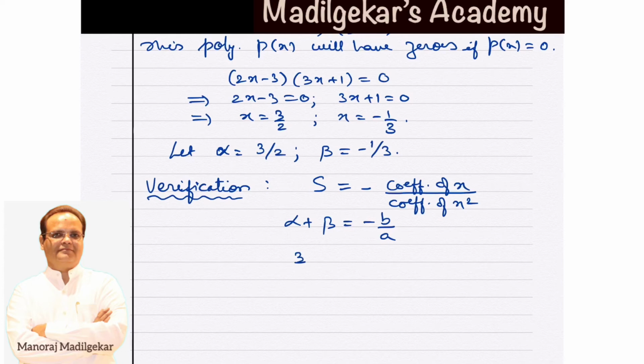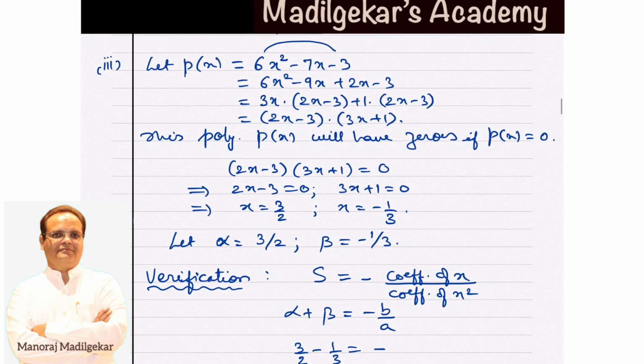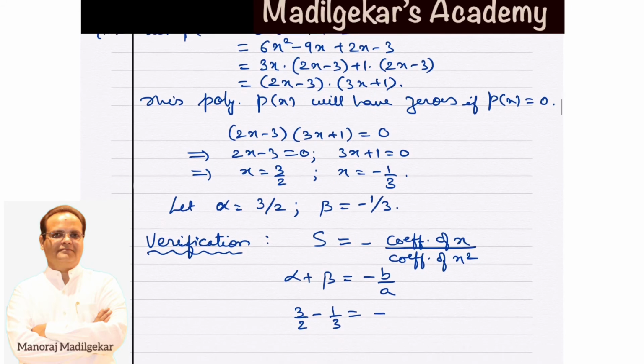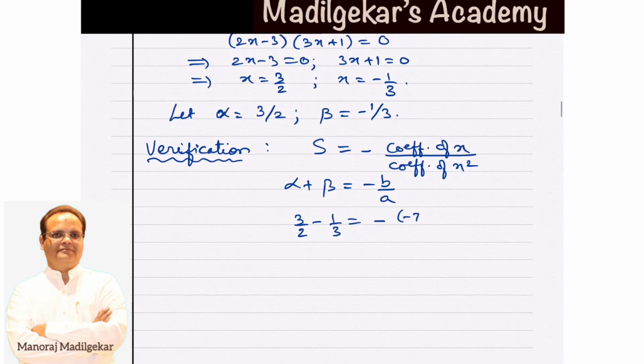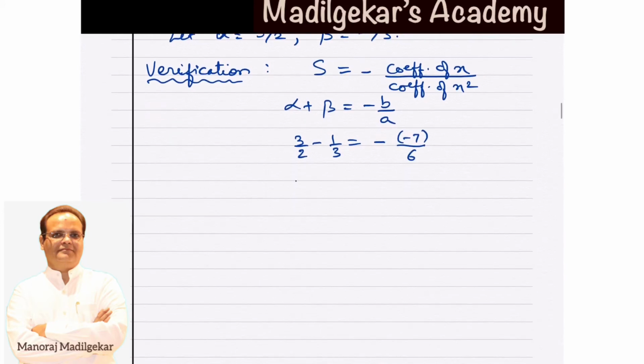Alpha is 3 by 2 whereas beta is minus 1 by 3. From the given polynomial, b is minus 7 and a is 6. So on the left side you take LCM. So it is 9 minus 2, 7 by 6. So LHS is same as RHS. So sum is verified.